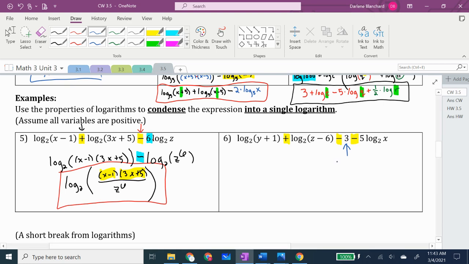So what you want to remember is whatever base you're trying to change that into, inside that base, put the same base number to the power of the number that you are trying to morph into a logarithm.